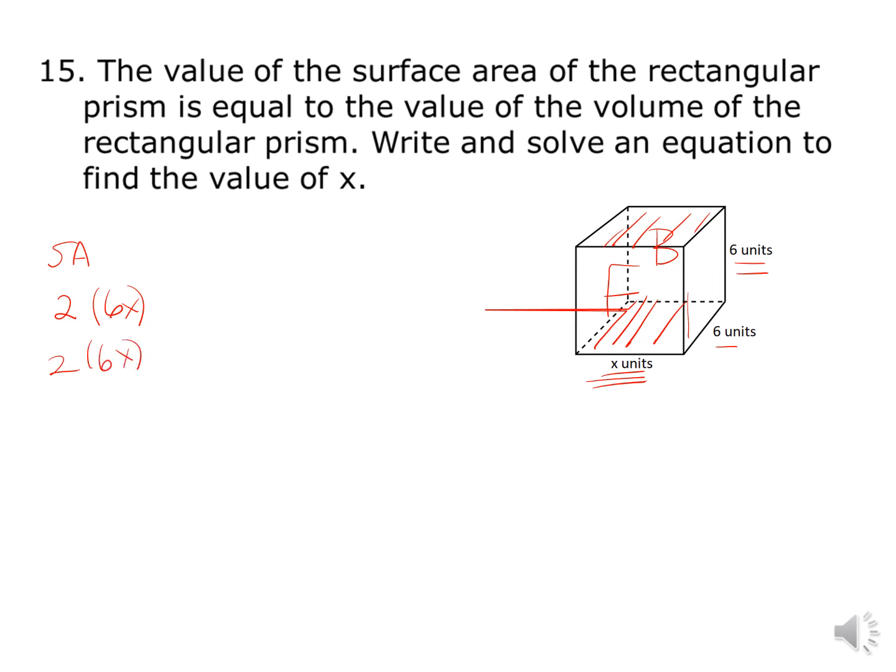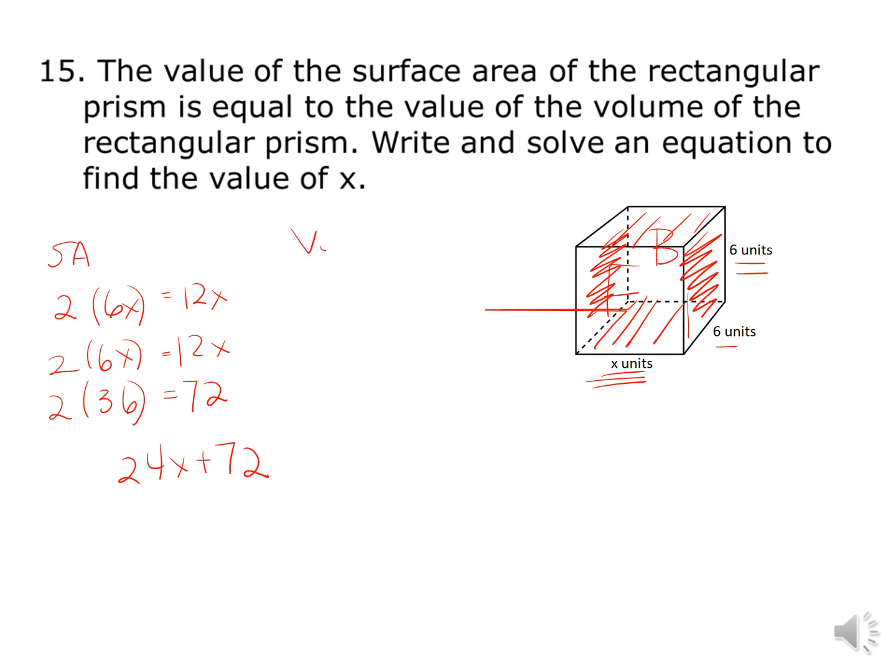And then the sides here are both 6 by 6, so there's two of those. So that's 2 times 36 equals 72. So now I've got all of this, and I get 24x plus 72.